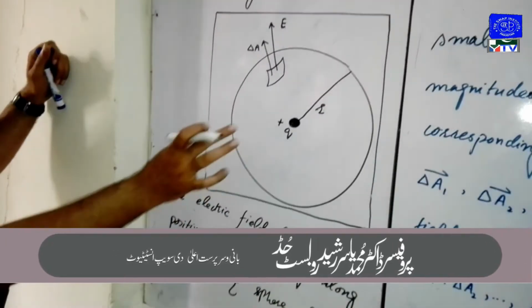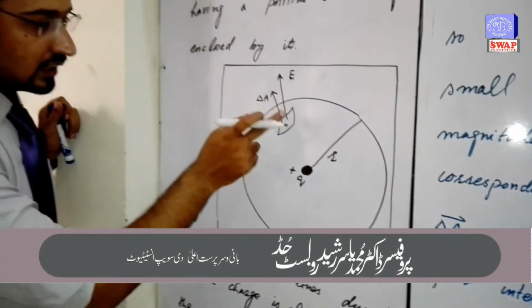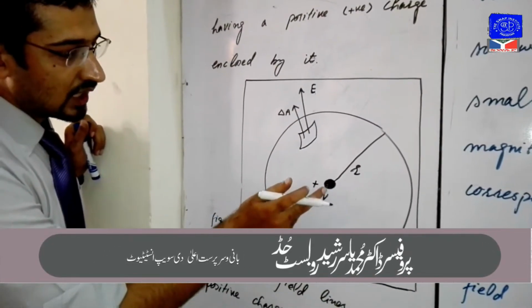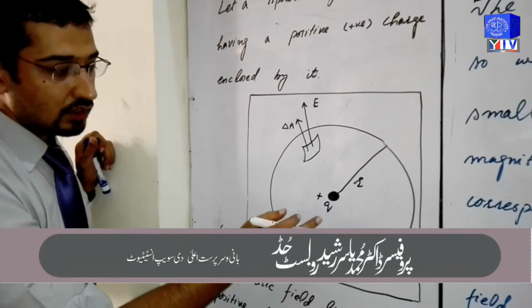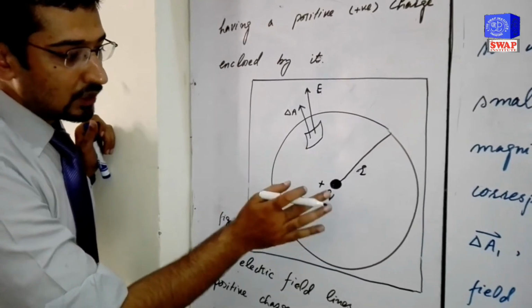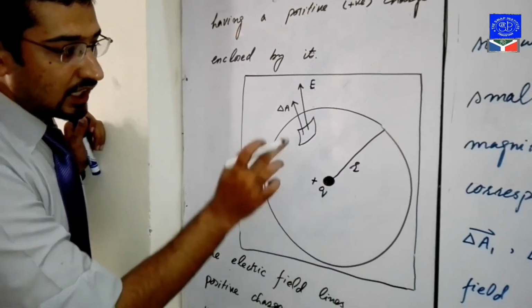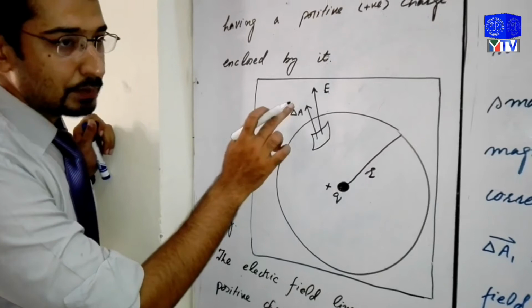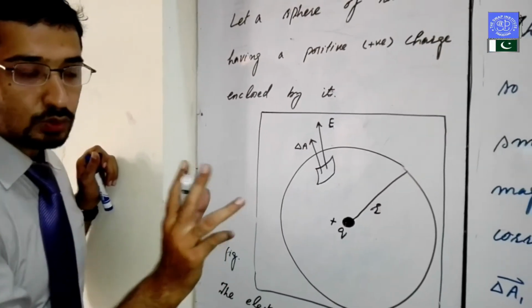In this figure we can see that the electric field due to a positive charge is always away from the charge, and the vector area is also perpendicular to the surface, and that vector area is parallel to the electric field. These are two things.